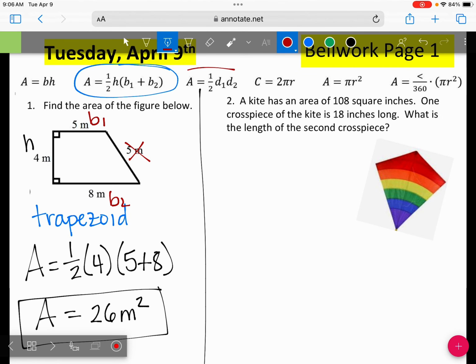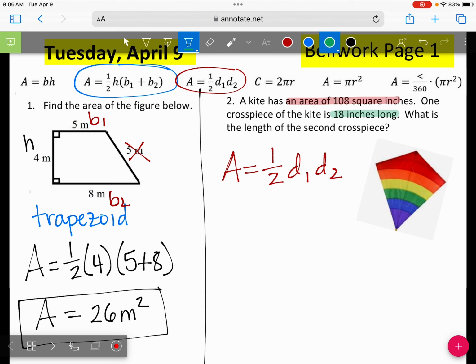So number 2 is a kite. This is your formula for kite. So I'm going to go ahead and write this formula out next to it. So it says that the kite has an area of 108 square inches. So this is your area. One of the cross pieces is 18 inches.